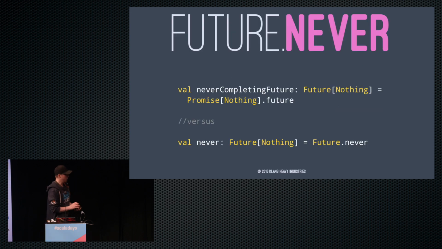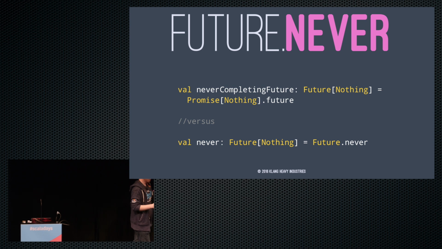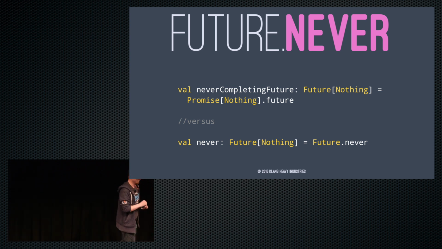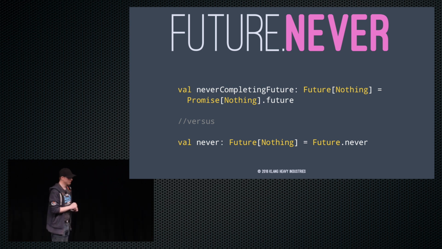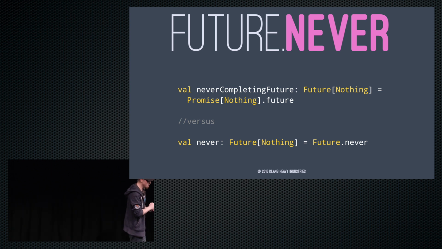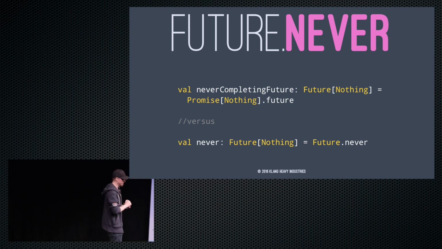All right, so going with the theme, there's a Future.never. It's a very grim future, for sure. So what is the problem with the code above? Or what is the good thing about the code above? Before? Happens before? Not an issue.